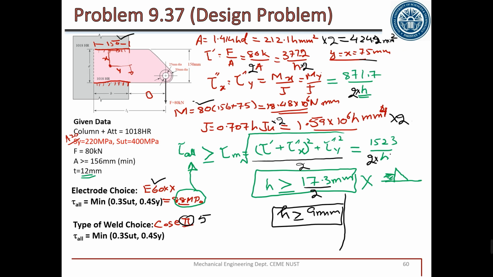So what is the final answer? What is the pattern? Pattern is all around square weld, because of this length and this height, so the final answer is that we will weld on the back side of this and front side of this. Also electrode, E60XX. Which type of weld? Fillet weld.